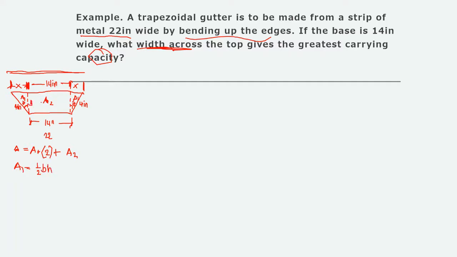This one is our y, and this is also our y. For area 2, the area of the rectangle is length times width. What we should do now is figure out the equivalent b and h, and l and w. So let's focus first on the right triangle.